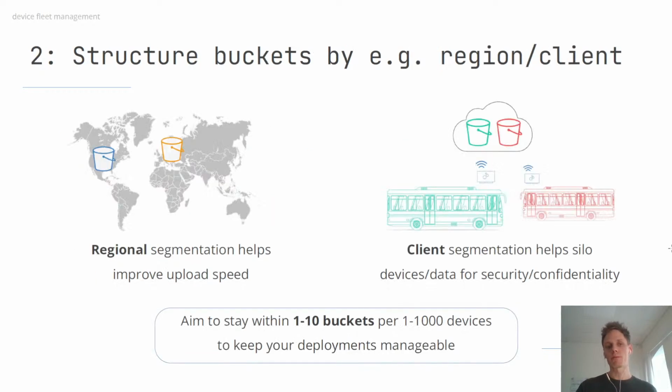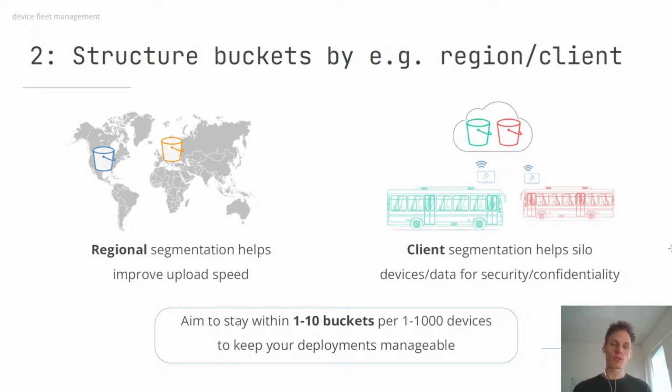When you've decided on the server, another step that you should consider is how you set up what is called a bucket. And for a simple setup, you might just have one bucket, which is like a folder in the server where you point your devices to and they upload files inside this folder, and that is how you structure the data.